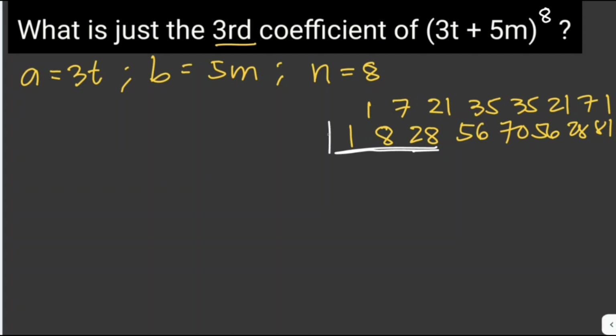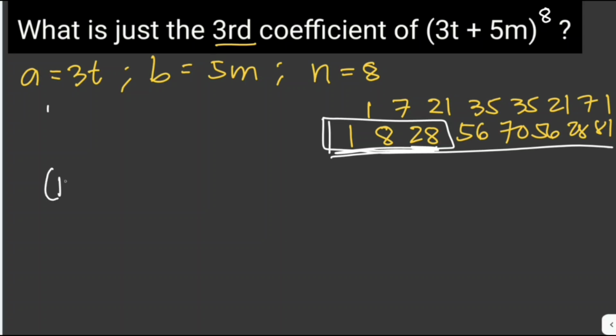Okay, so let's write down the terms up to the third term of 3t plus 5m to the 8. All right. So our coefficients are these ones, but we will stop at the coefficient 28.